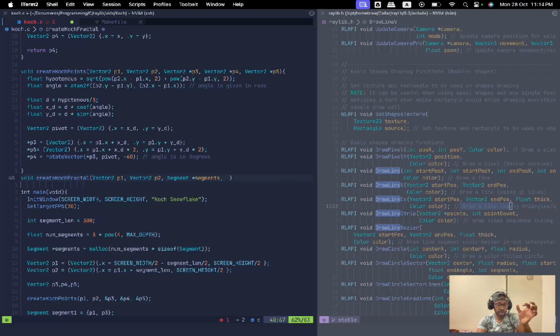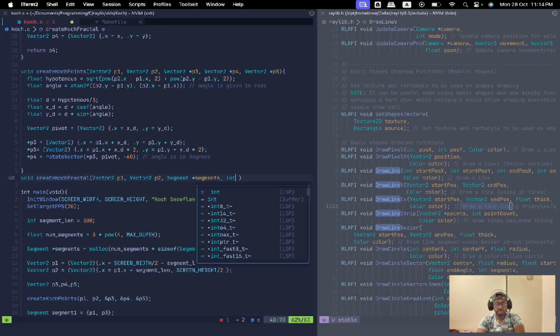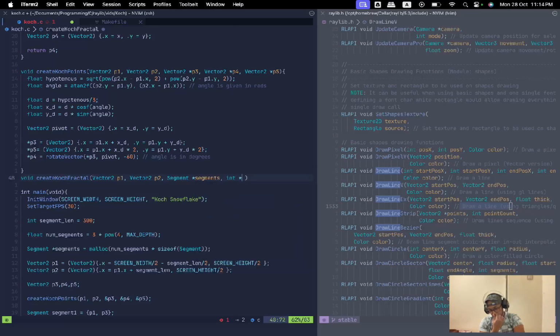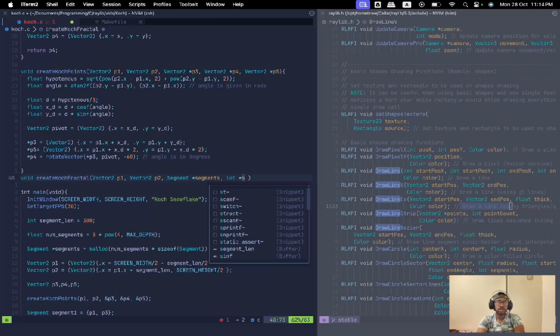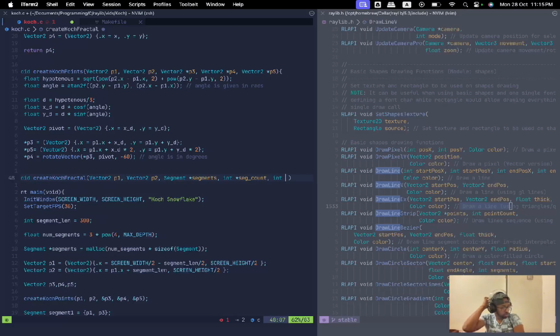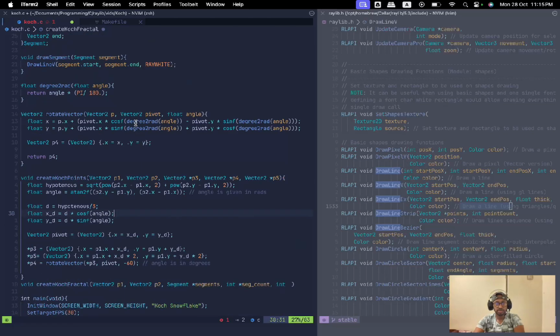So initially my array is empty. When I put a segment into the array, I need to count it. Well, that means I need something global. So int, I need something that I can pass as a reference, they call it my segment count, and I need a value that controls the depths.